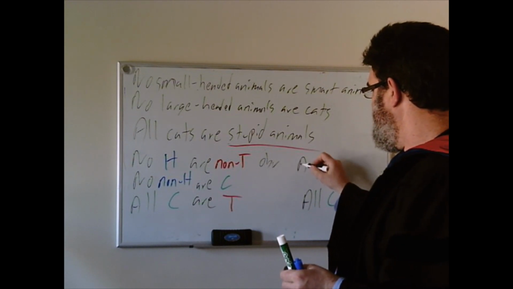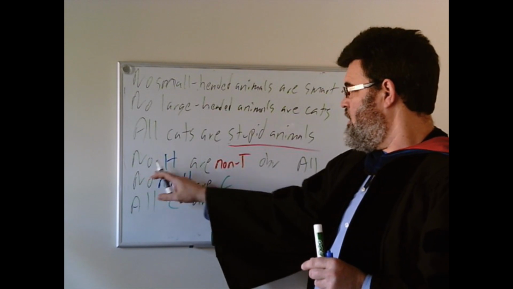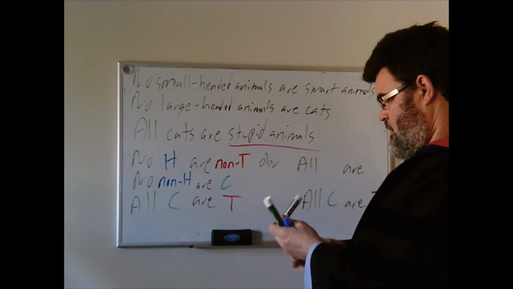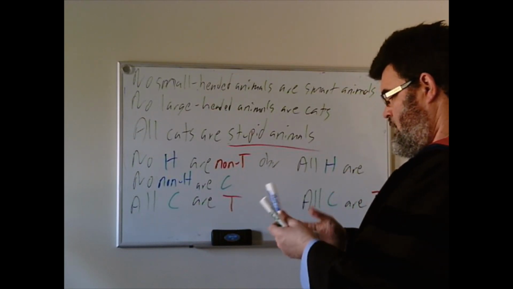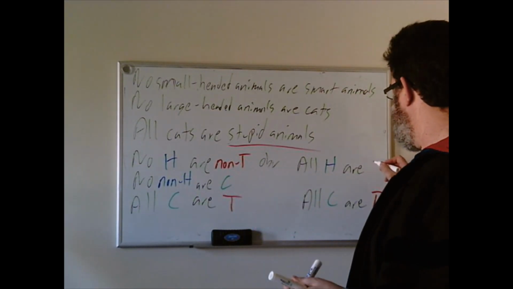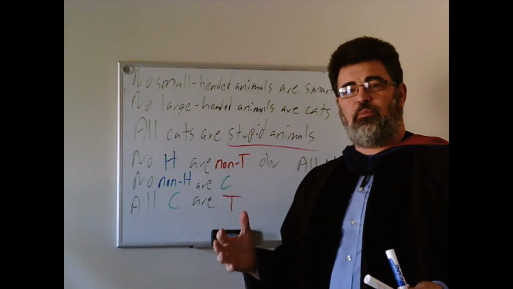Of course, now I change the quality from negative to affirmative, so no becomes all. The middle term is the same. And now I have non-non-T, which of course is the same as T. And so that takes care of my major premise.